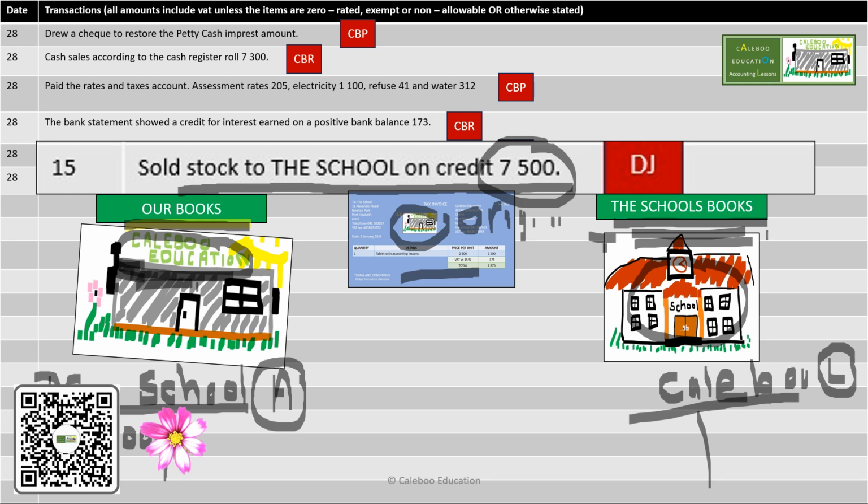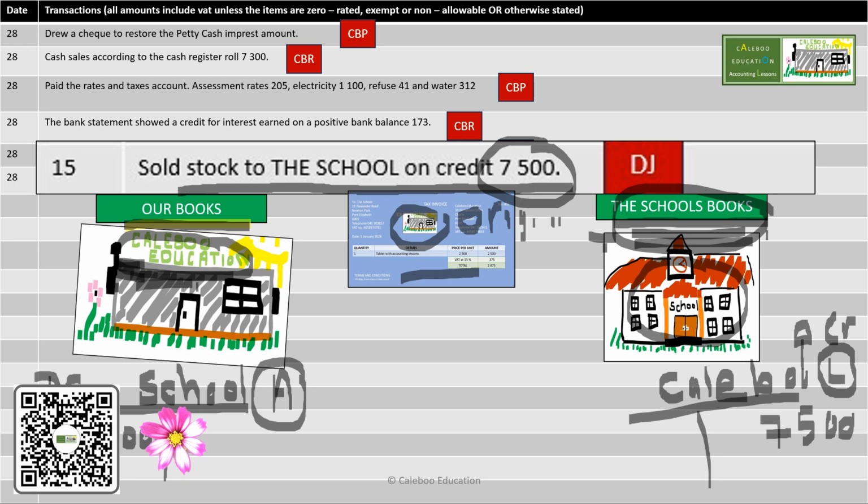But on the other hand, in the books of the school, Calibre Education gets credited with 7,500 because the school owes Calibre Education more, an increase in liability.